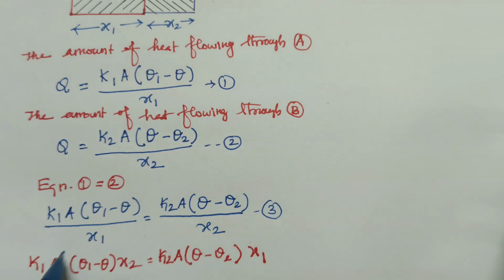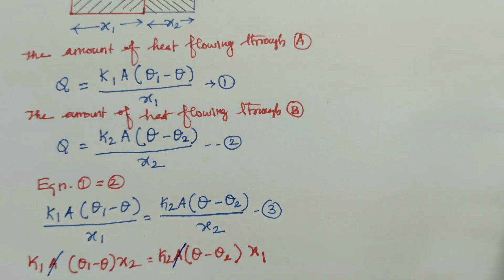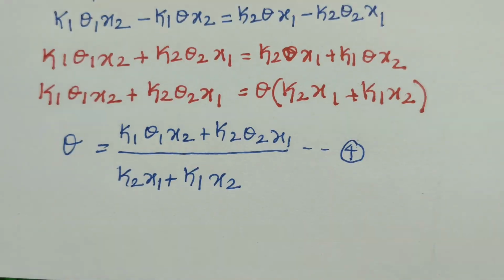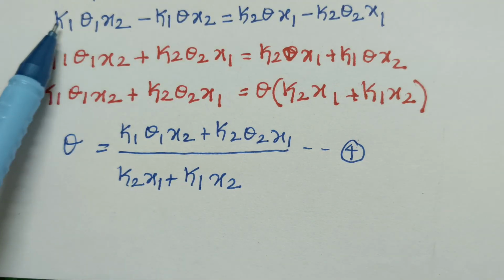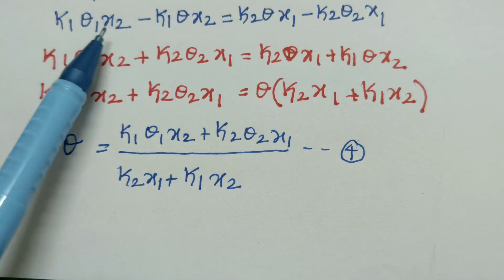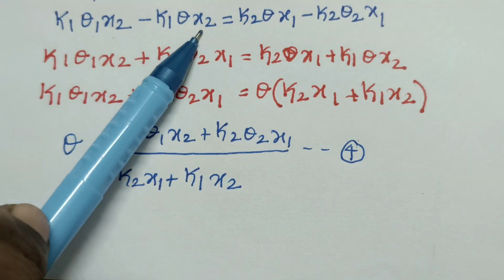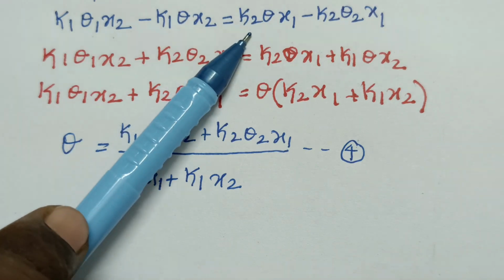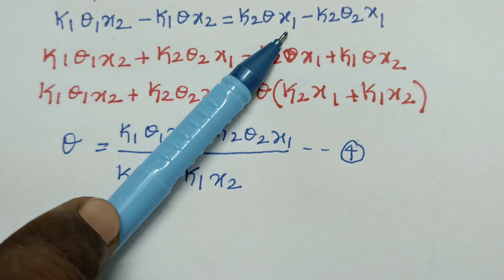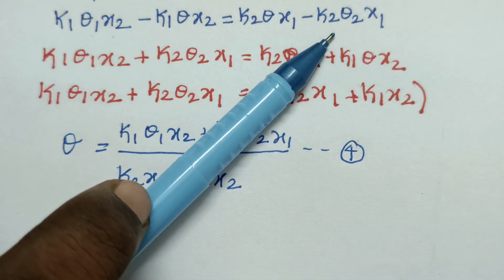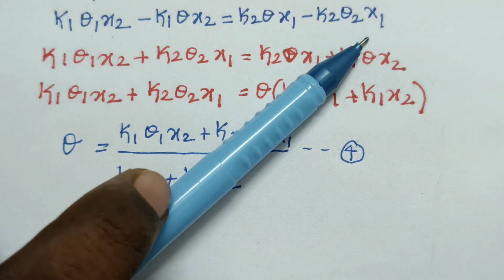Now A cancels on both sides, then you can simplify the above equation. K1 theta 1 x2 minus K1 theta x2 equal to K2 theta x1 minus K2 theta 2 x1.